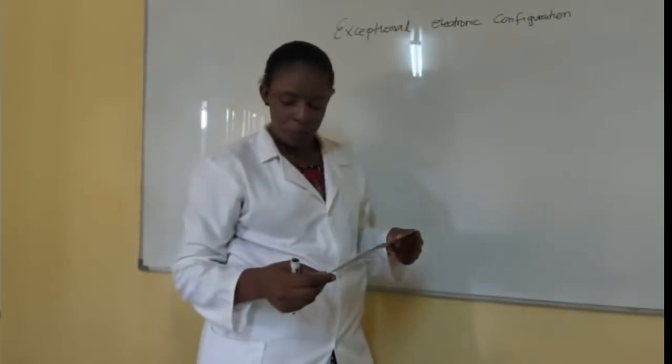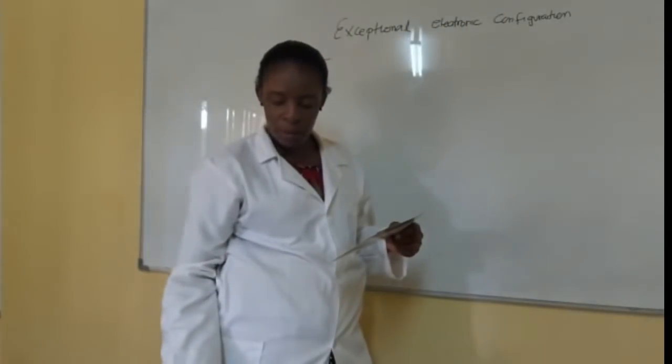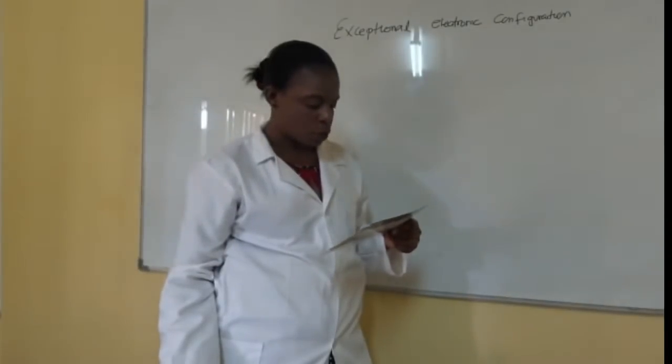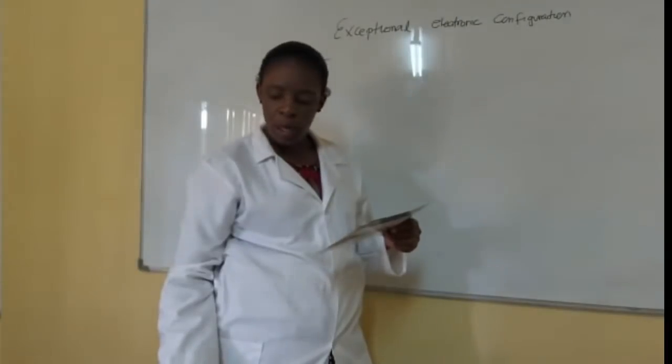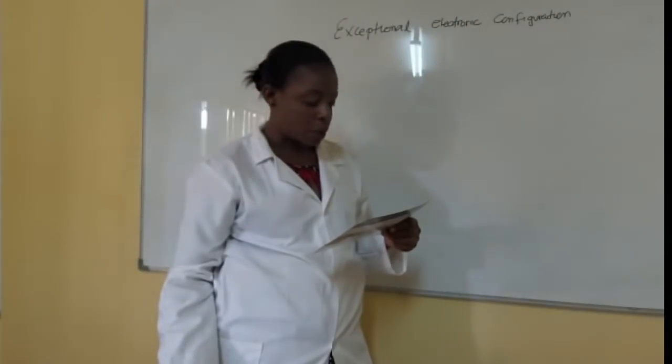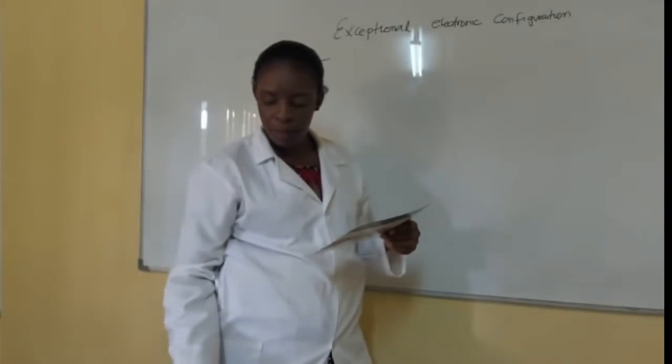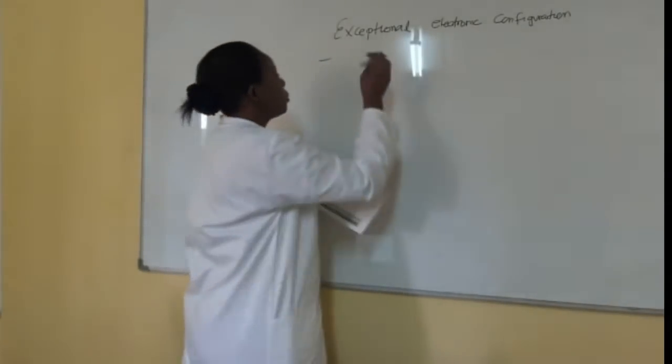Okay. Up to element 23. So which one is element 23? That's vanadium. So you can use the Aufbau diagram to obtain correct electronic configuration up to vanadium. Right.